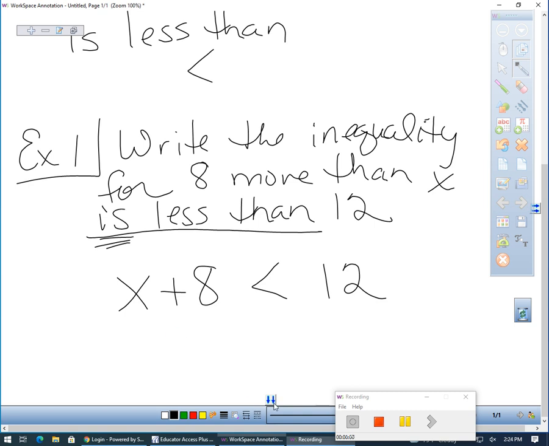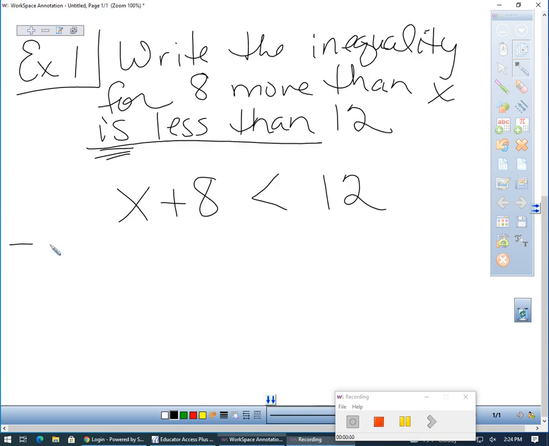All right. Now, what do you guys remember about interval notation? You remember interval notation, okay? All right. So let's talk about interval notation.